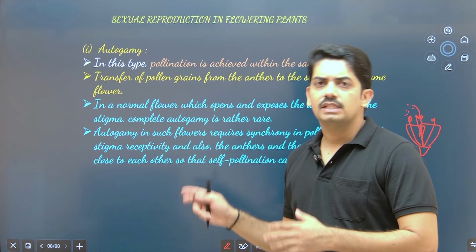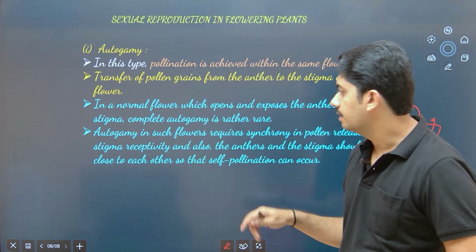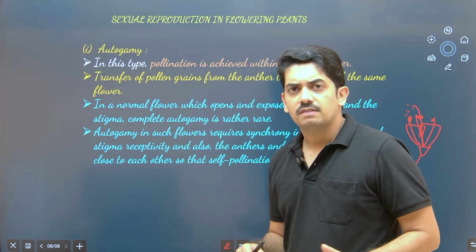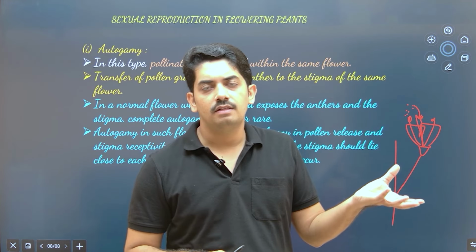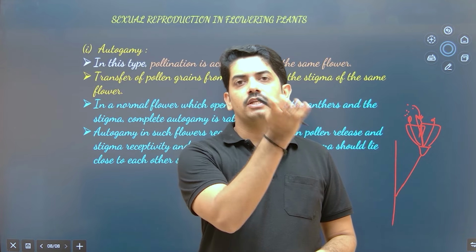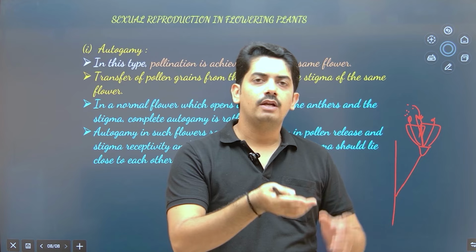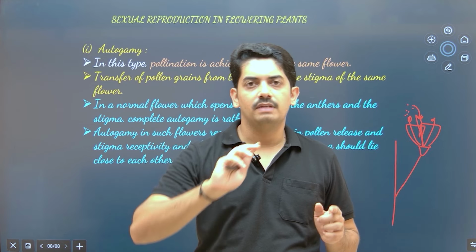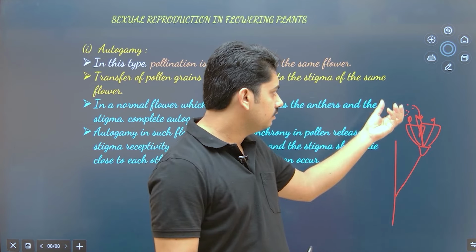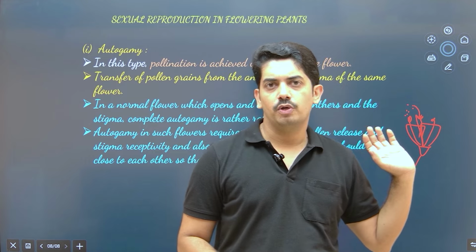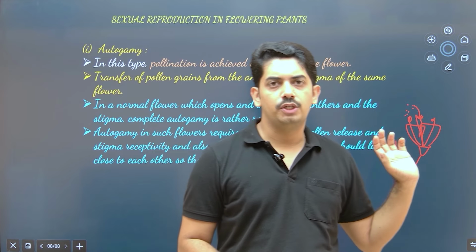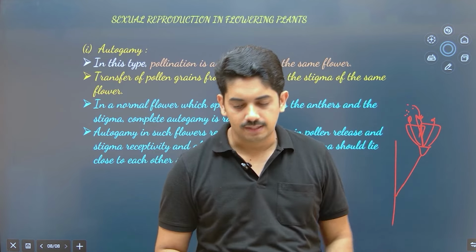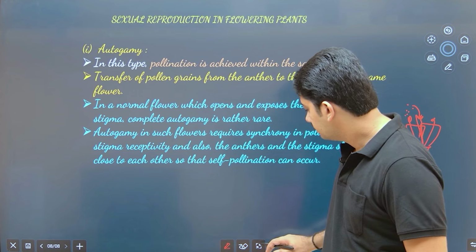Okay, so this is nothing but self-pollination. Chasmogamous flower means the flower will open and the stigma will get exposed, and on this exposed stigma the pollen grains of the same flower will dust on, and they germinate and produce the pollen tube, and then fertilization takes place.